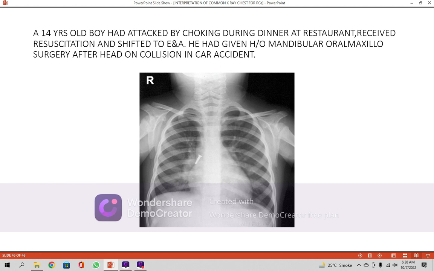The second X-ray was shown as a 14-year-old boy who was choking during dinner at a restaurant. He received resuscitation and was shifted to the ENT department, and he had given a history of facial or oral maxillofacial surgery after a head-on collision in a car accident.